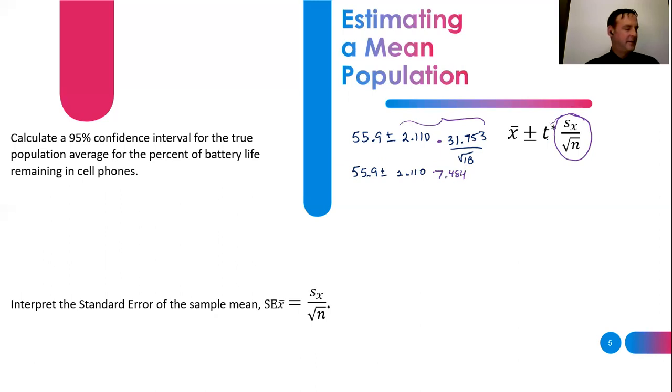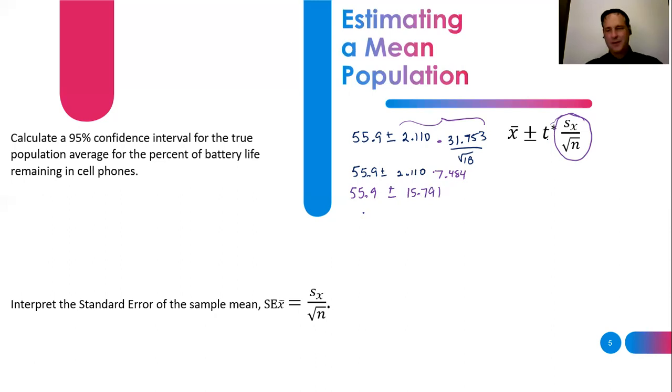And if you multiply that by 2.110, you get 15.791. Okay, and of course I'm going to add it and subtract it to this 55.9.